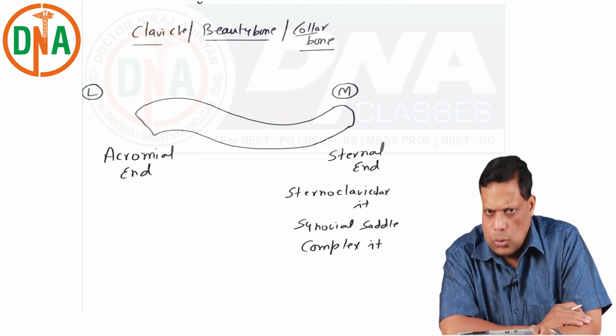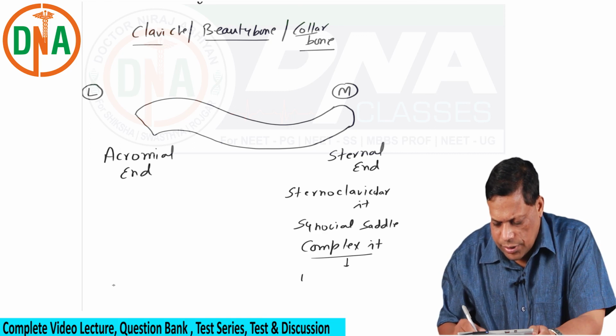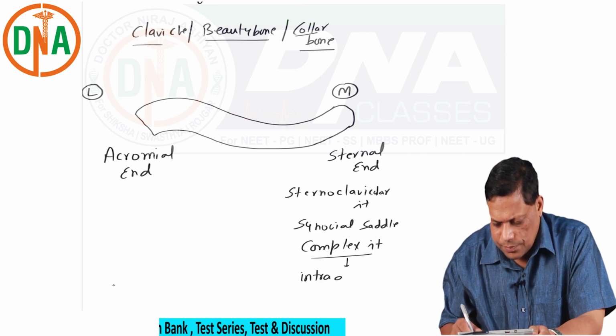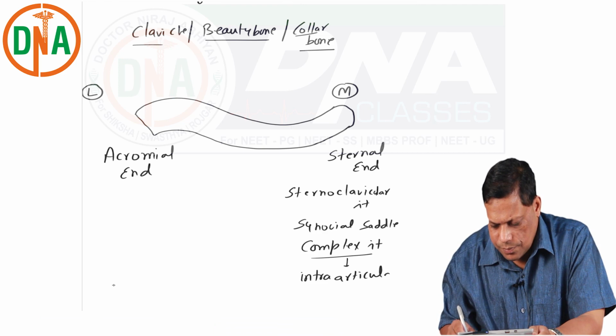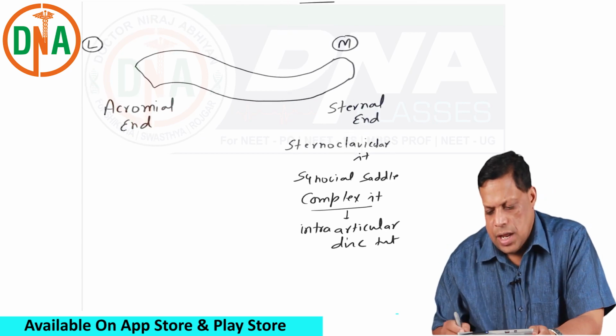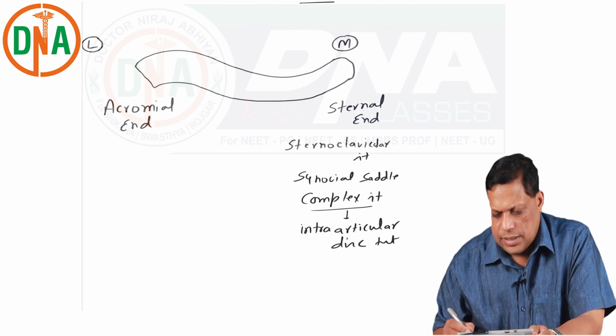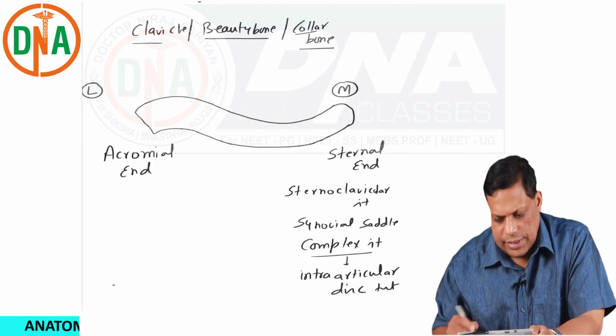Complex joints are those joints which have an intra-articular disc. If an intra-articular disc is present, that joint is a complex joint. It means the joint space is divided into two compartments by the intra-articular disc.